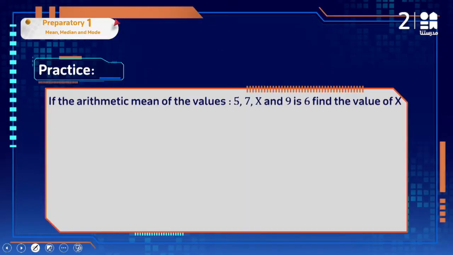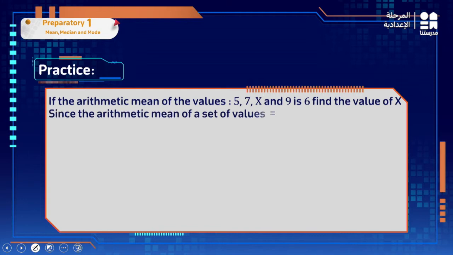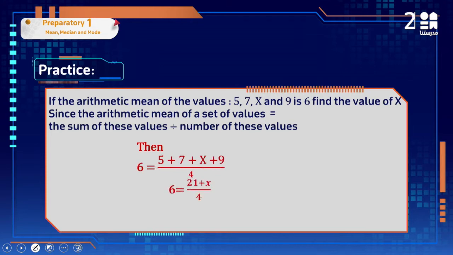Practice. If the arithmetic mean of these four values is 6: 5, 7, x, and 9. Find the value of x. So here we have a tricky question. We are going to add the 4 values, which are 5 plus 7 plus x plus 9 over 4, because there are 4 values, 1, 2, 3, 4.